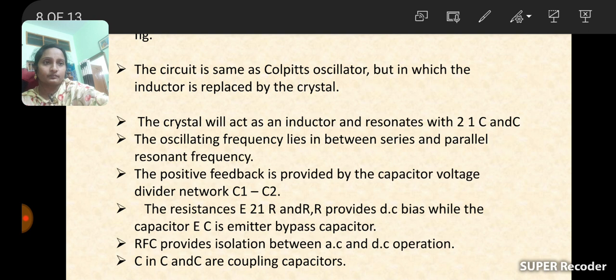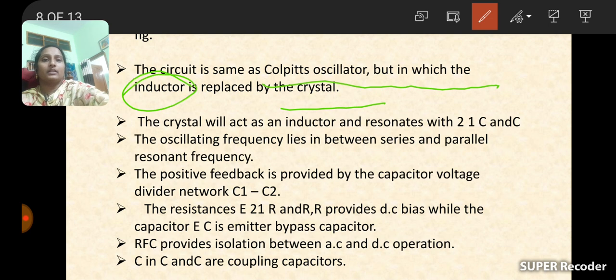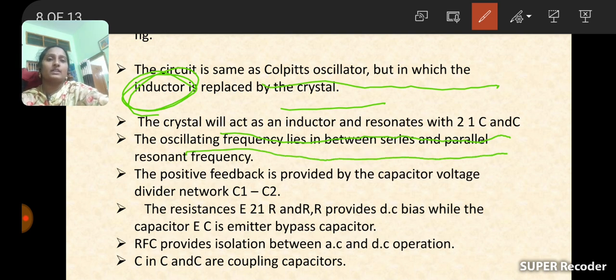Here the inductor is replaced by the crystal, and the crystal will act as an inductor and resonate with C1 and C2. The oscillating frequency lies in between the series and parallel resonant frequency.